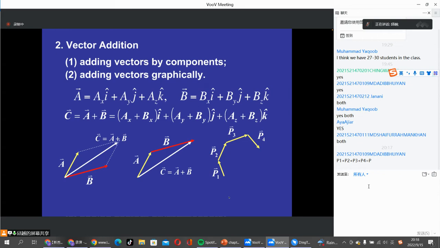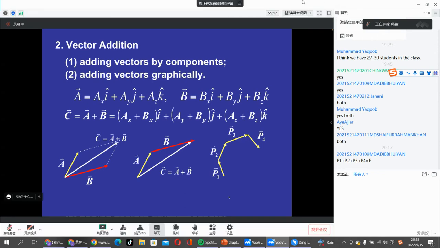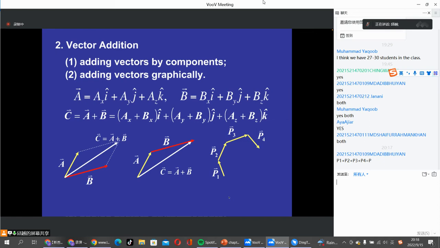The origin of P2 is in the same direction of the head of P1, and the origin of P3 is at the head of P2. The origin of P4 is at the head of P3.